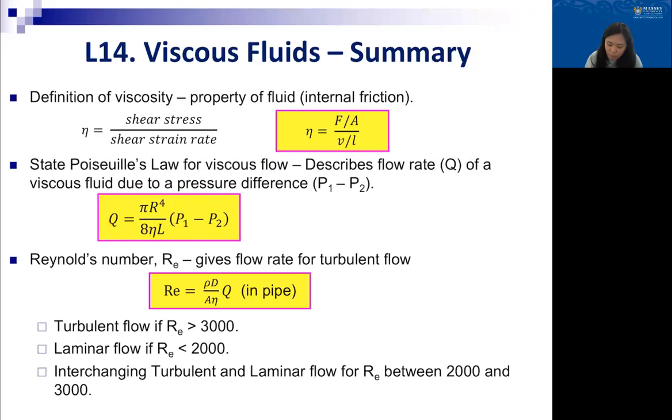And the kind of flow depends on the Reynolds number. We calculate the Reynolds number and compare it to the criteria for turbulent flow, which is a Reynolds number greater than 3000, and laminar flow, which is a Reynolds number less than 2000. Okay, so that wraps up our discussion on fluids.